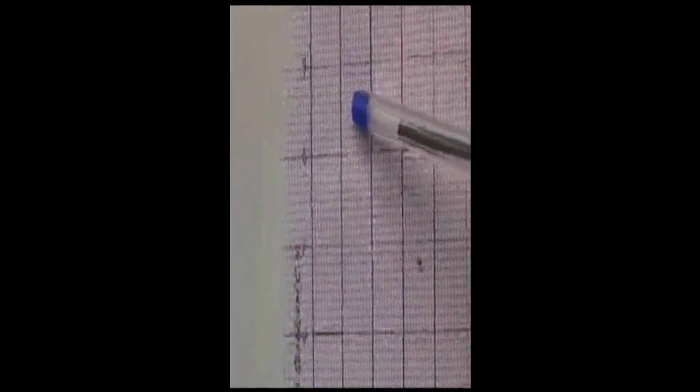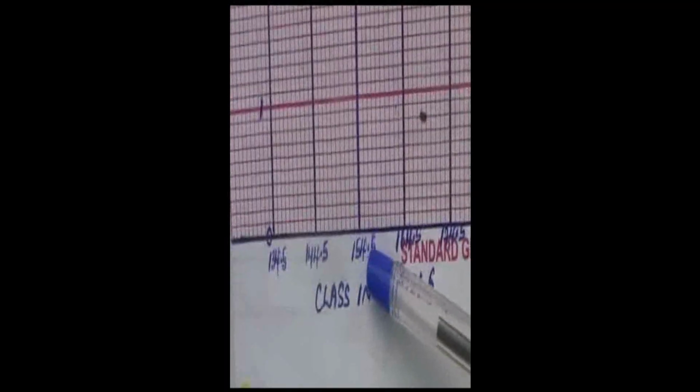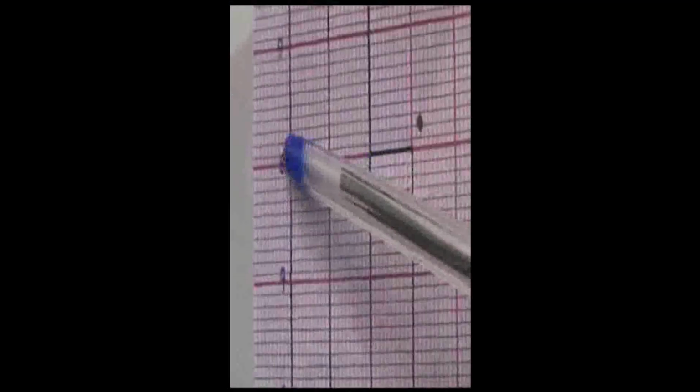Look at where the second bar ended. The bar of the second class interval of 144.5 to 154.5. The third class interval has a frequency of 8. That was why its bar, the third bar, stopped at 8.